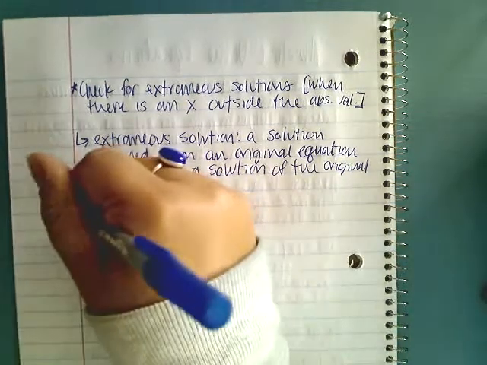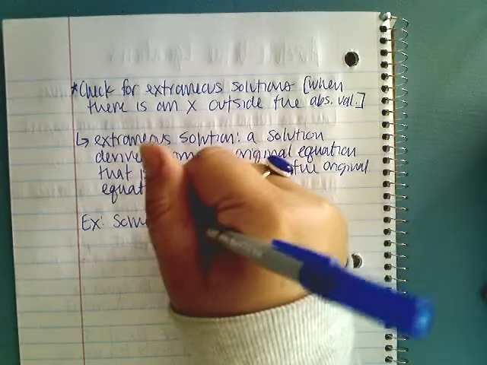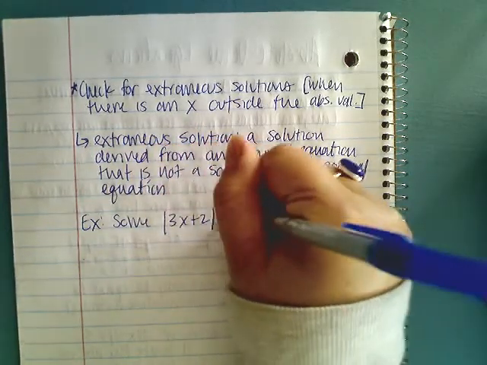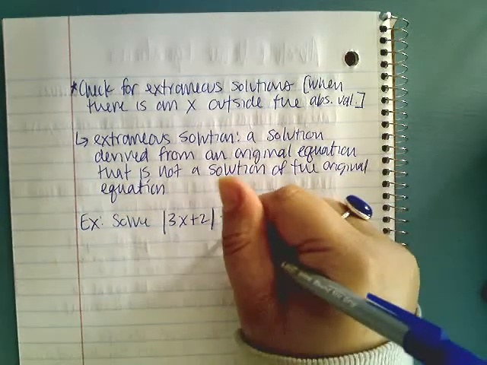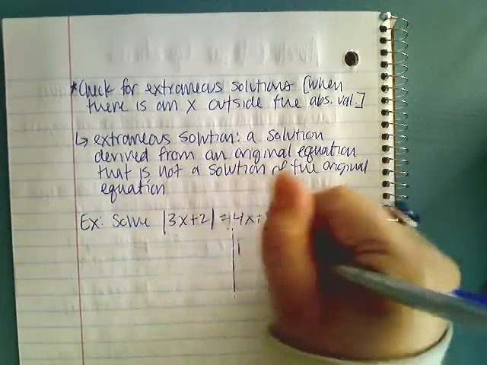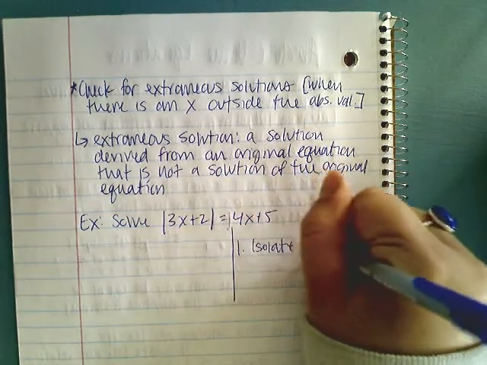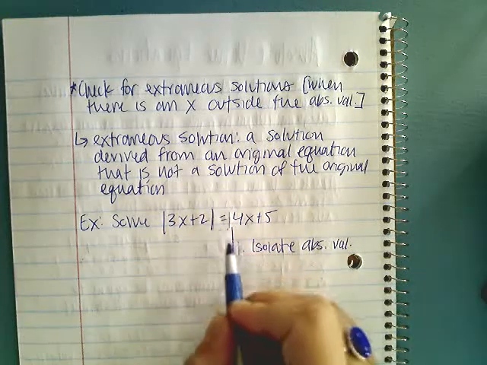So our example we're going to do for this, we're going to solve absolute value of 3x plus 2 equals 4x plus 5. So we're going to do the same steps again. Step 1, we're going to isolate the absolute value. Again, I'm checking there's nothing being multiplied here, nothing being added here.